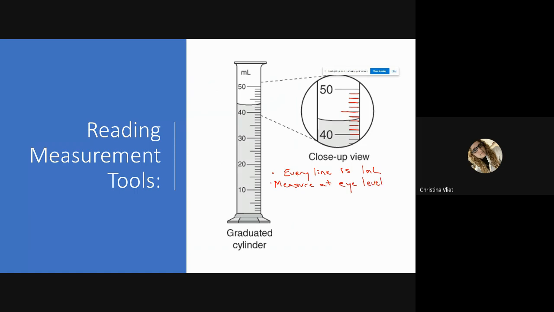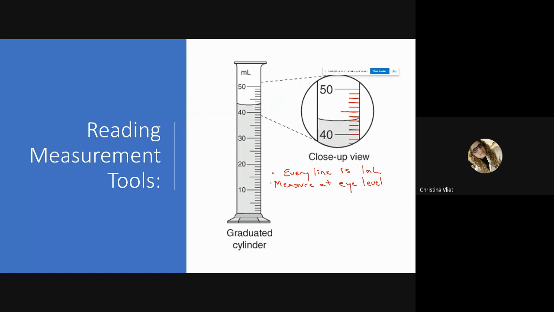Next. What does it mean to measure by eye level? That means that wherever the water is, you bring your eyes down to there and you read it straight to where the water is. You're going to see there's a curve in the water. It curves down.